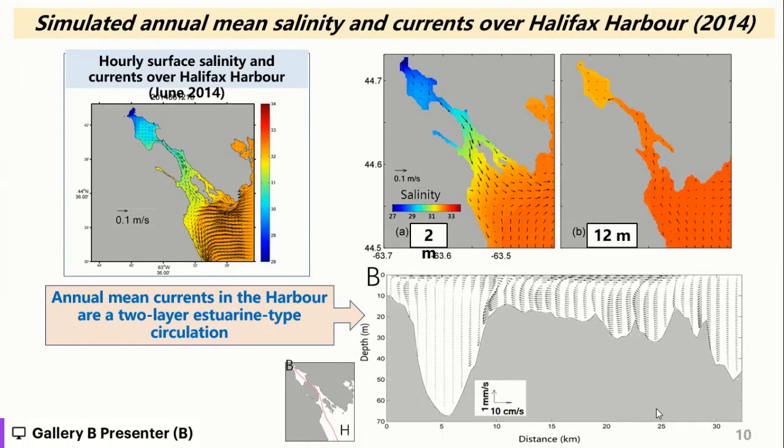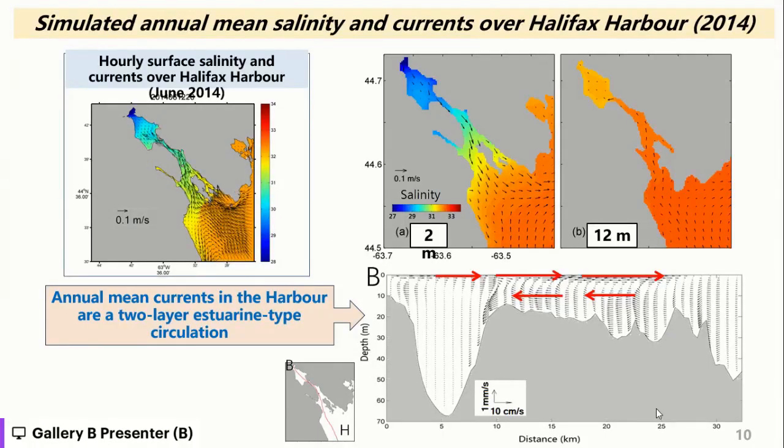So as shown in the bottom right panel, the temporal mean simulation has the classic estuarine pattern with seaward flow near the surface and landward flow in the subsurface. But once in a while, there is intrusion of saltier water from the offshore into the harbor.